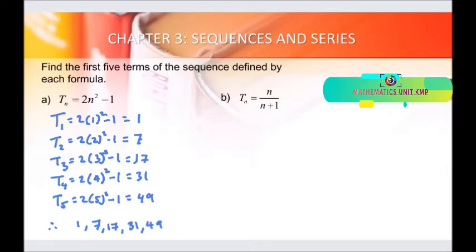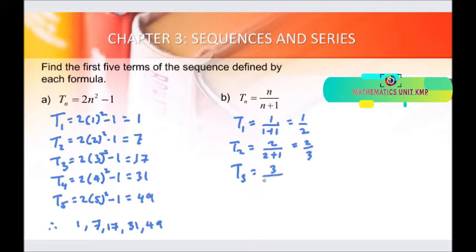The second formula, Tn equals n over n plus 1. So we find the first term, substitute 1. So we get 1 over 2. T2, 2 over 2 plus 1. So we get 2 over 3. The third term, 3 over 3 plus 1. So we get 3 over 4.